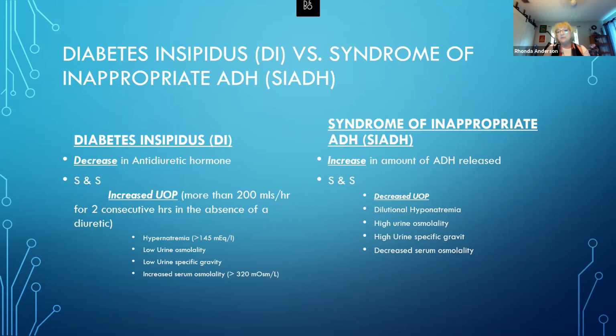If it's syndrome of inappropriate antidiuretic hormone, I can give diuretics and I can put them on fluid restriction. And that usually will help. Both of these should be transient if it has to do with the cerebral edema and the swelling in the brain itself. So if it's due to increased ICP, within 3 to 5 days, it should go away on its own.